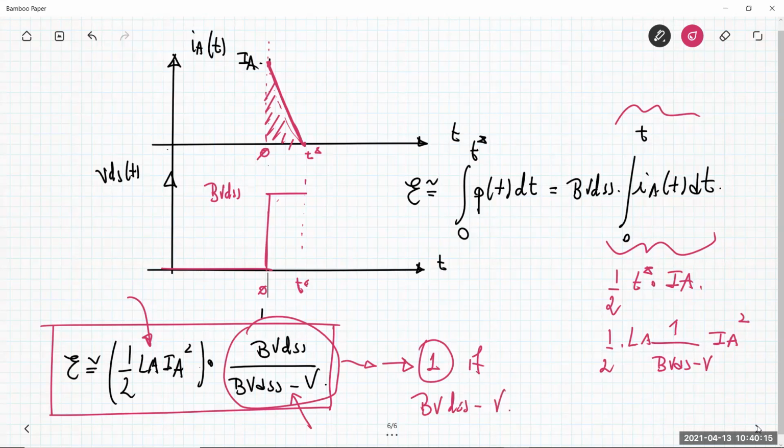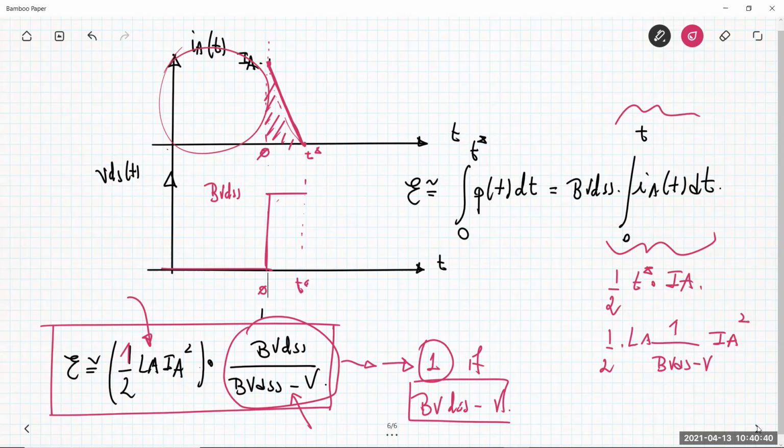And when this term goes to 1, this is the minimum possible energy involved in this situation. You cannot get energy lower than the energy stored in the magnetic field of the inductance LA in the previous on phase. No less than this energy should be involved.